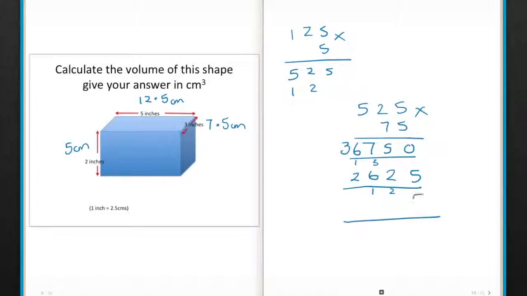Add them together. 5, 7, 13, and 9, and 3. 39375. Right, now we need to find out how many behind the decimal point. 1, 2. 1, 2. So the answer is 393.75 centimetres cubed.